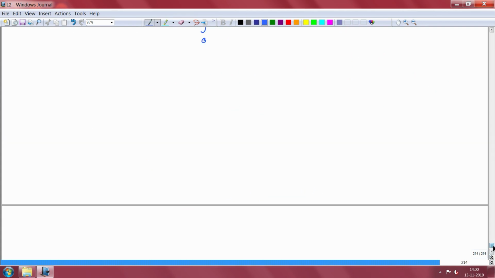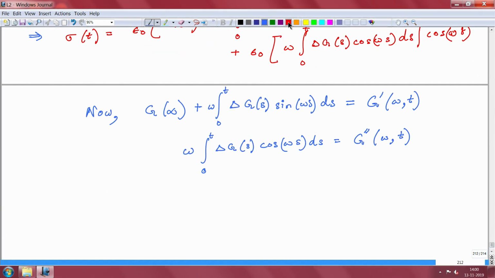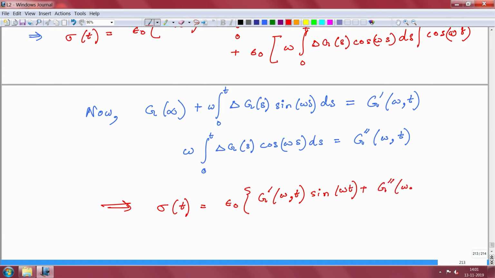So, now if we use these two terms and if we replace that huge term that we had, this simplifies our term to epsilon naught multiplied by some g dash omega t that was multiplied by a sin omega t plus another g double dash omega t that is now a cosine omega t.